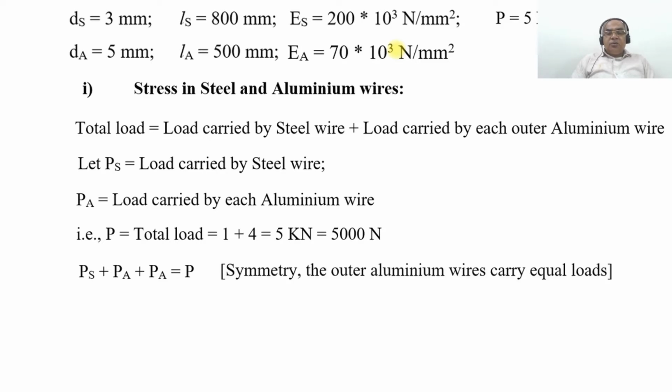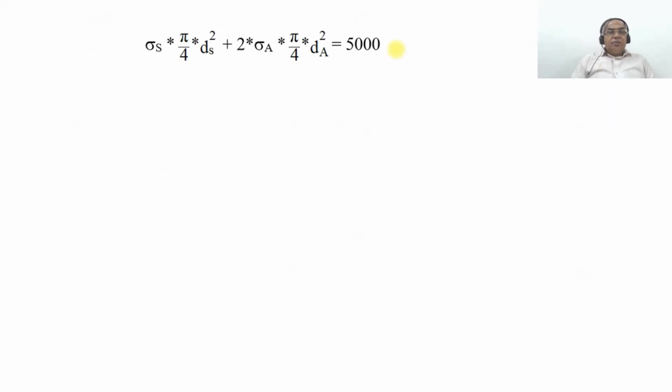By symmetry, the outer aluminum wires carry equal loads. So PS plus 2PA will be equal to 5000 Newton. Now what is PS? PS is sigma S into AS, plus 2 into sigma A into AA, equal to 5000. What is AS?